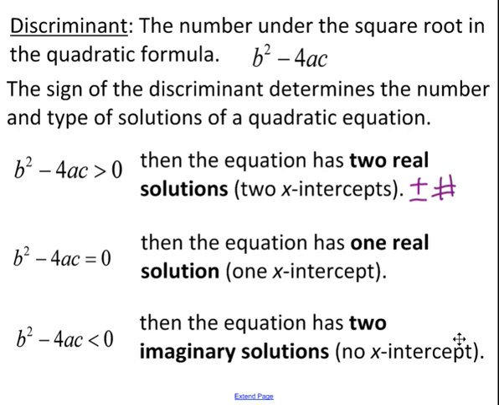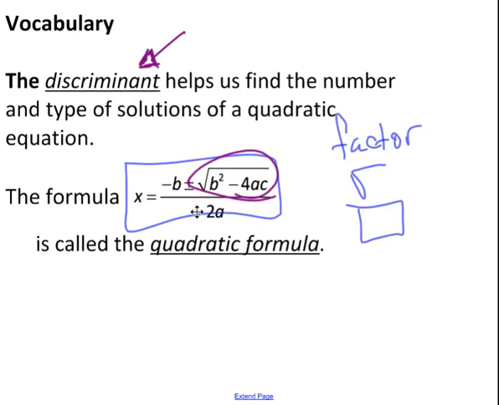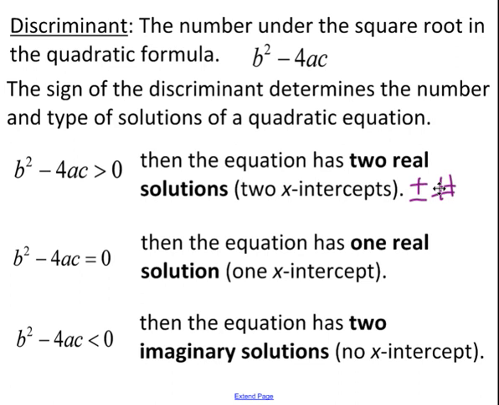So, since it's going to have the plus minus on the top of that fraction, it's going to have two solutions. That's where we've got to add the number and subtract the number. We've got some sort of plus minus thing going on. So when we do our little b squared minus 4ac, that means the square root part of our answer is coming out positive, and that means we're going to get two answers.